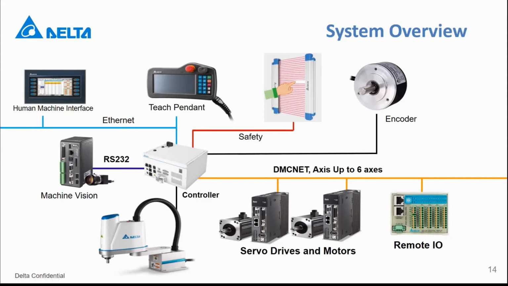So in this picture, you can see we have RS-232 and also 485. We can connect to our field devices like machine vision or some sensors. And we also have Ethernet to communicate with devices like HMI or teach pendant.